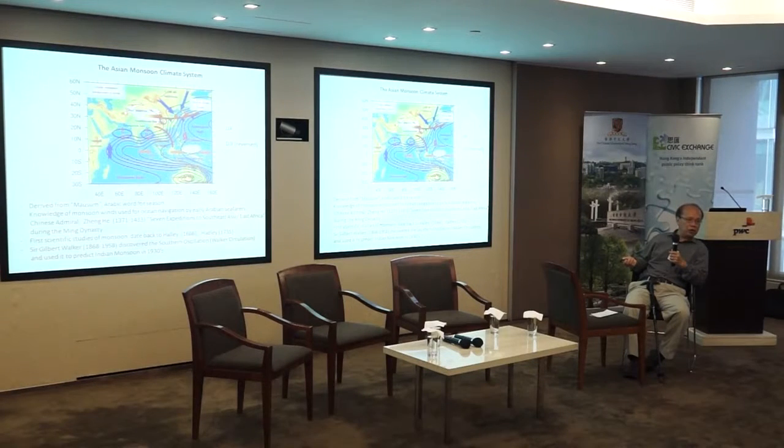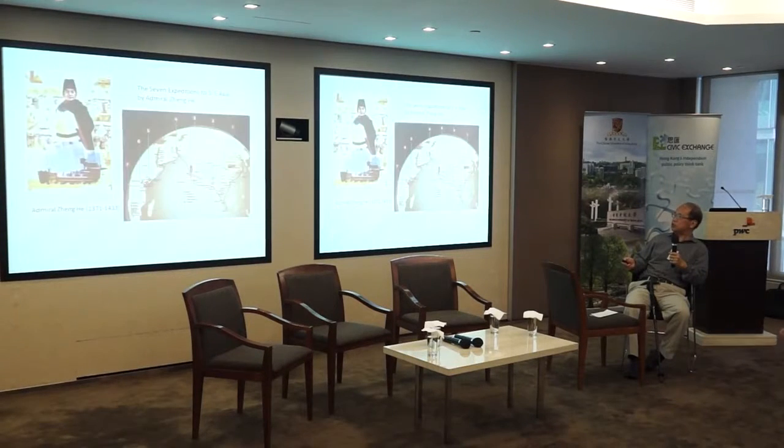Now we call it the Walker circulation, an east-west circulation, I'll show you later, that links the monsoon system, mostly India, to the pressure changes way over in the eastern Pacific at Tahiti. It happened to be a weather station, and he used that statistical information to predict the Indian monsoon, with not a whole lot of skill, but there seems to be some information. So that's the history, which is interesting.